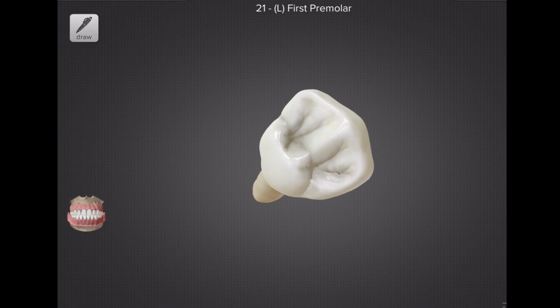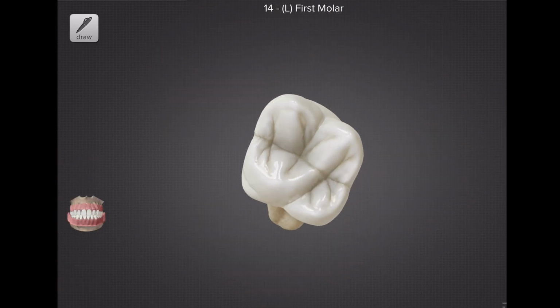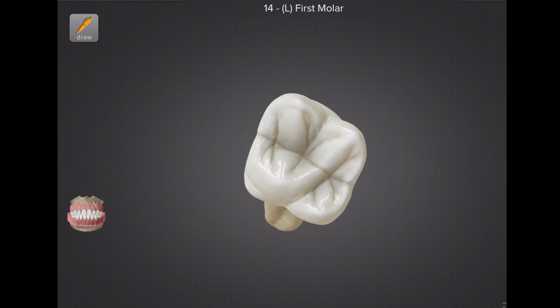Next one is the oblique ridge, which is prominent in your maxillary molars. You can see that this is your mesiobuccal cusp, mesial. This is the buccal, lingual.